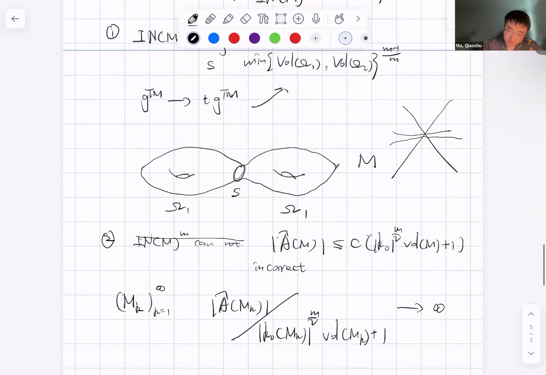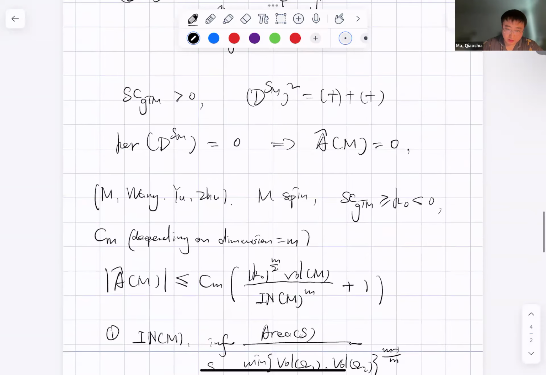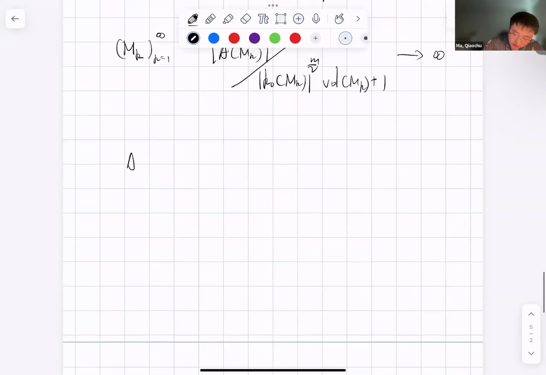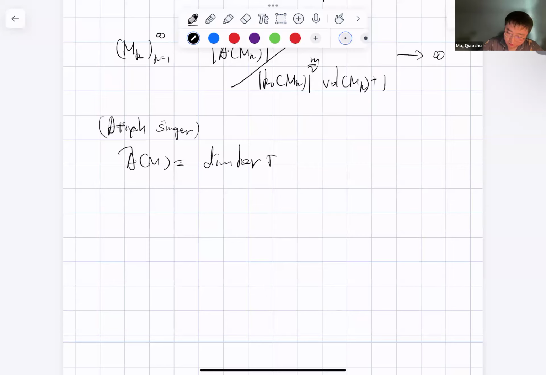Okay, so let me briefly describe the proof of this result. By the Atiyah-Singer index theorem, the A hat genus is the difference of the kernel of d plus minus the kernel of the d minus part.